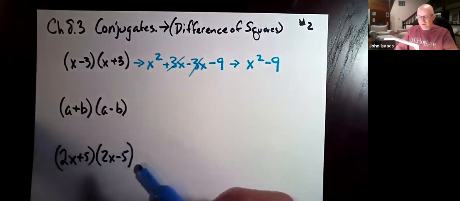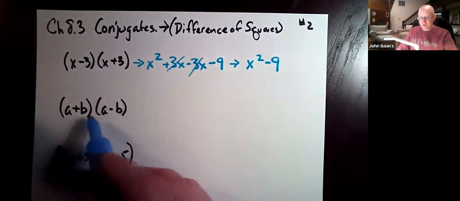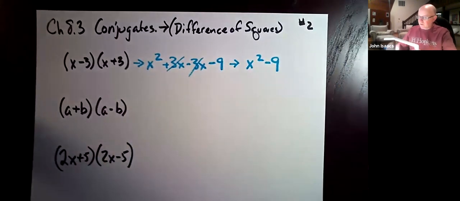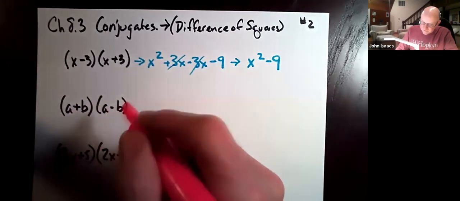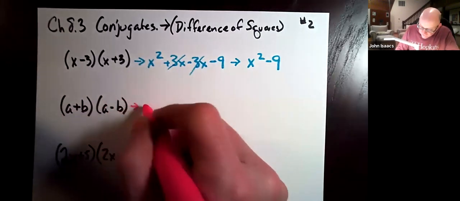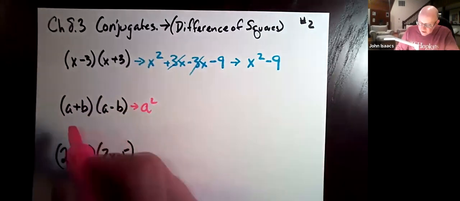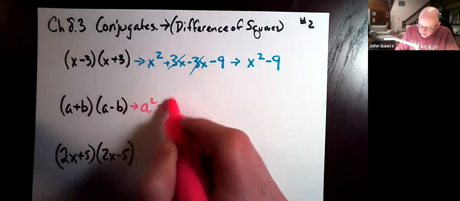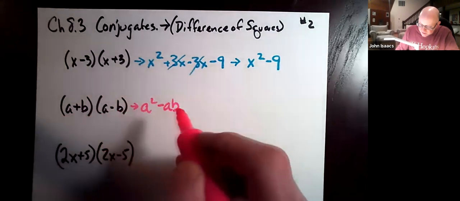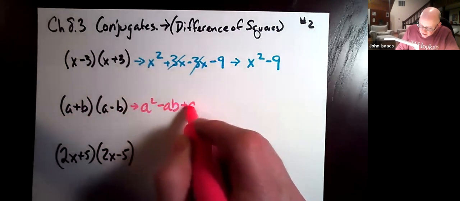Let's see what happens when we multiply a plus b times a minus b. I'll take another color out. Just this color's nice. So a times a, we're going to FOIL again, is a squared. And then a times negative b is negative ab. And b times positive a is plus ab.